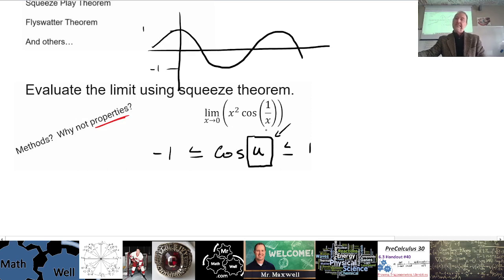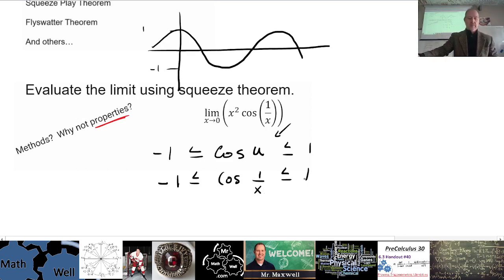So with 1 over x, I can simply substitute 1 over x in for u, and this will hold true. Now it just might be that x and u are not going to be the same values, but that's okay. We know that a straight cos function is going to be between -1 and 1. U and x are not the same, but u and 1 over x are the same. So we start off with that.